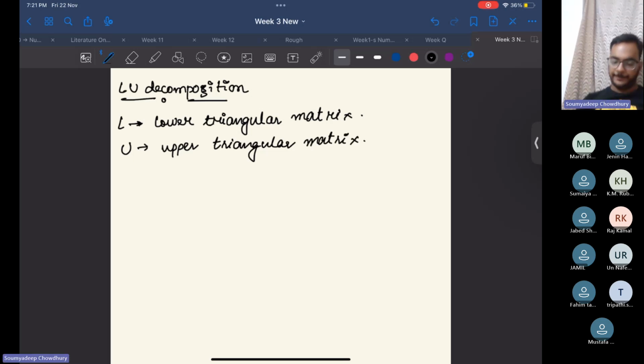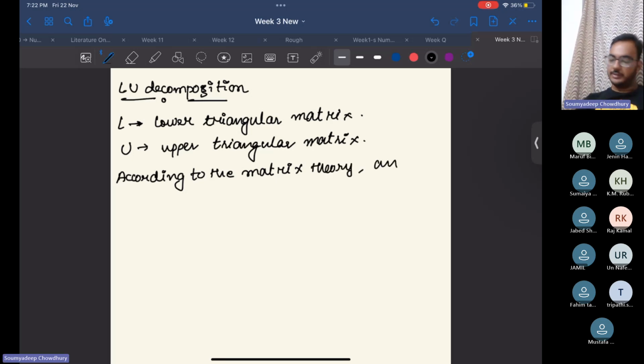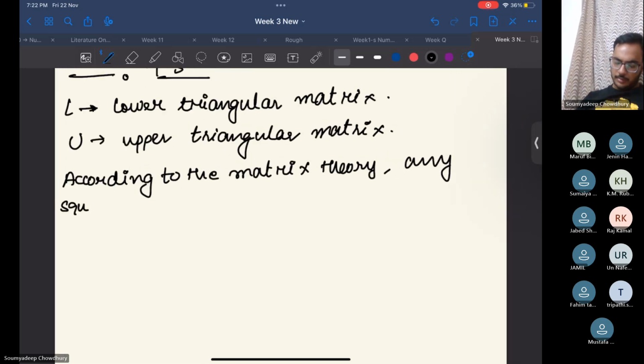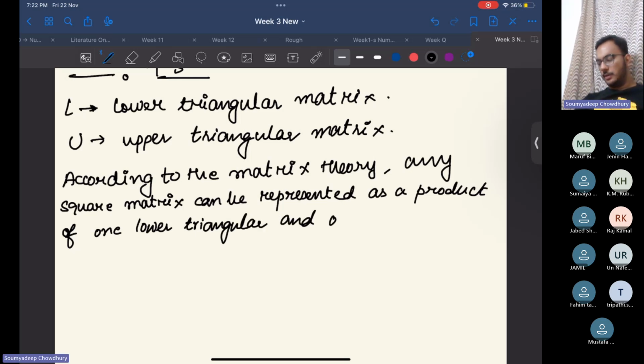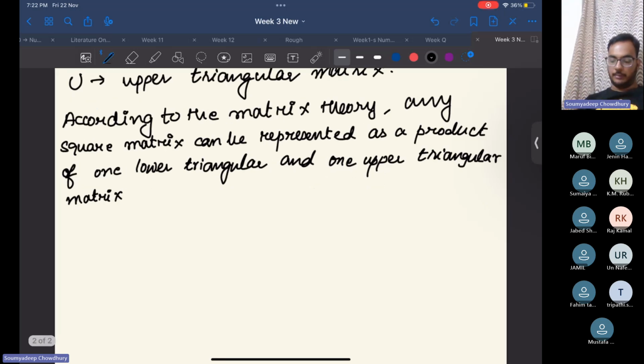According to matrix theory, any square matrix can be represented as a product of one lower triangular matrix and one upper triangular matrix.